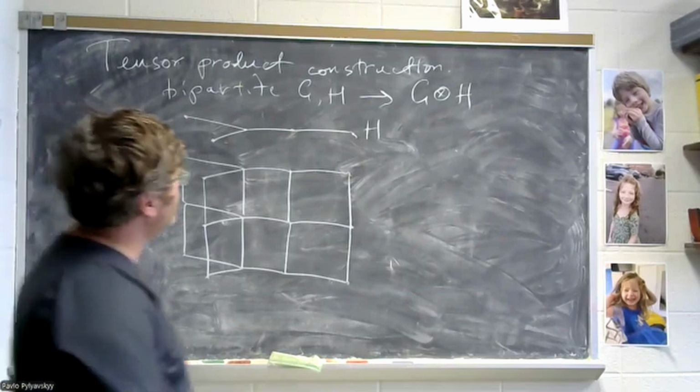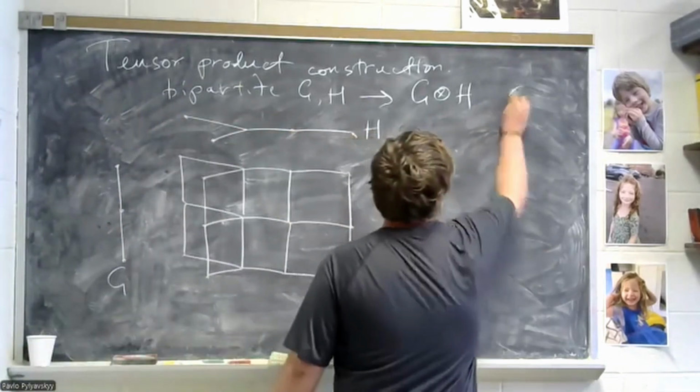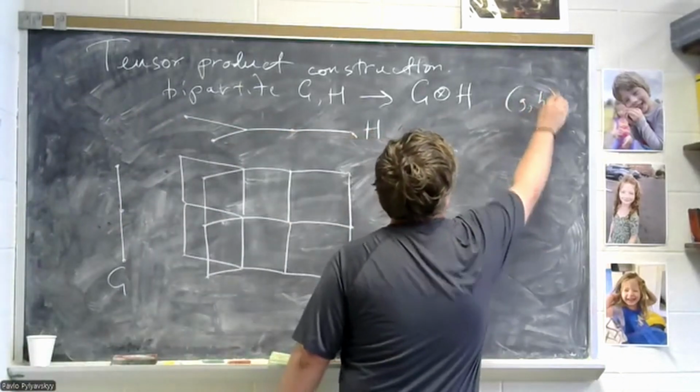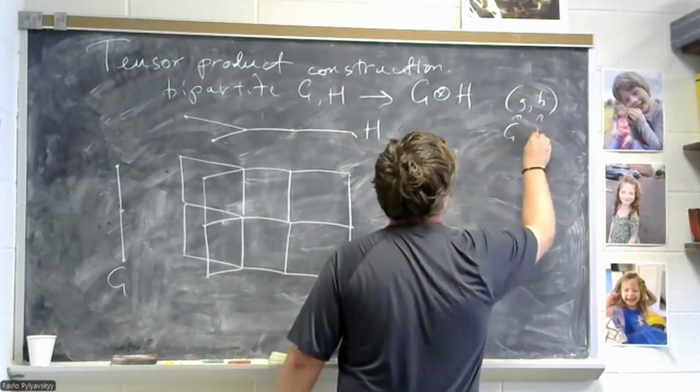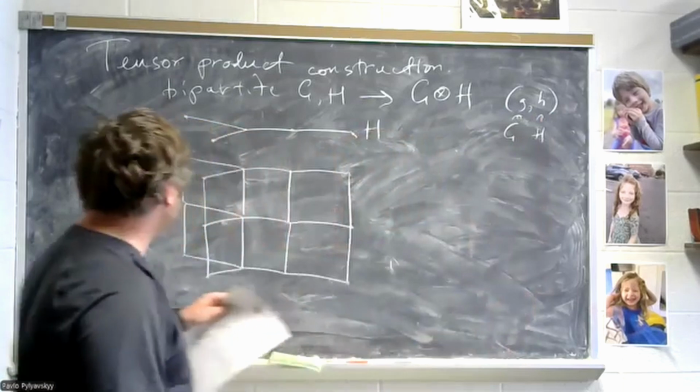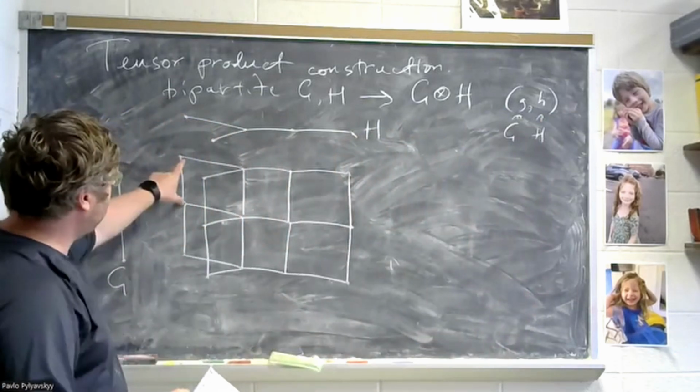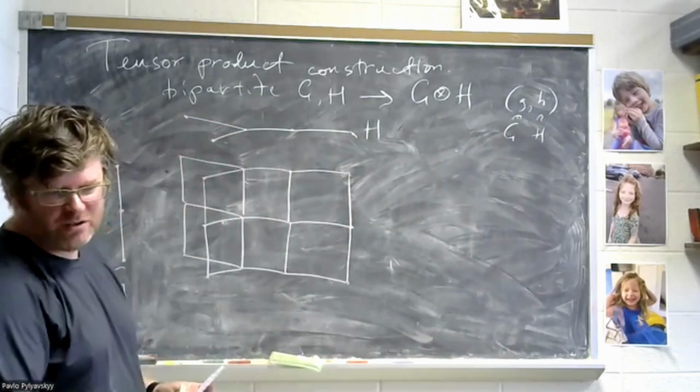The vertices would be pairs (g, h), where g is in G and h is in H, and the edges would come either from edges here or from edges there.